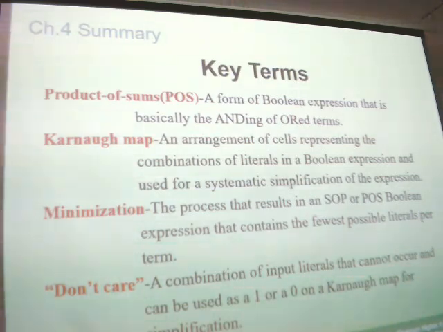Minimization is the process that results in a SOP or POS Boolean expression that contains the fewest possible literals per term. Don't care is a combination of input literals that cannot occur and can be used as 1 or 0 on the Karnaugh map for simplification.